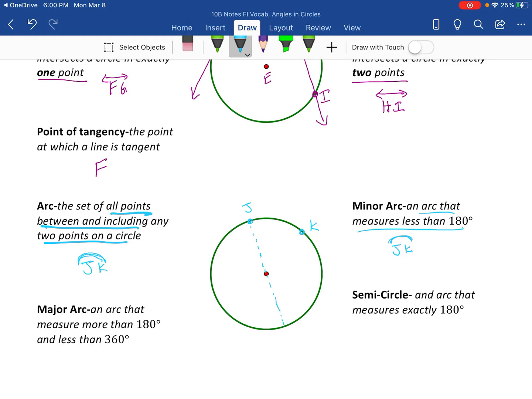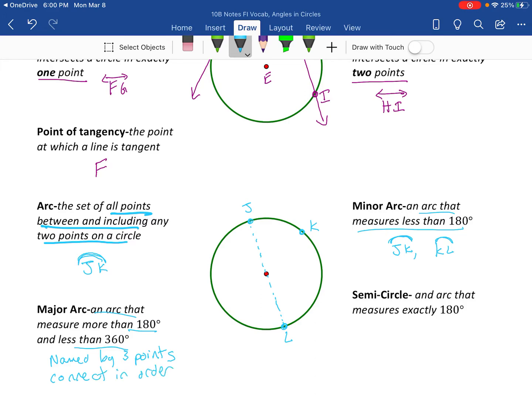Now I'm going to write the letter L here. Also KL is a minor arc. A major arc is an arc that measures more than 180 and less than 360, and it is named by 3 points, and you connect them in order.